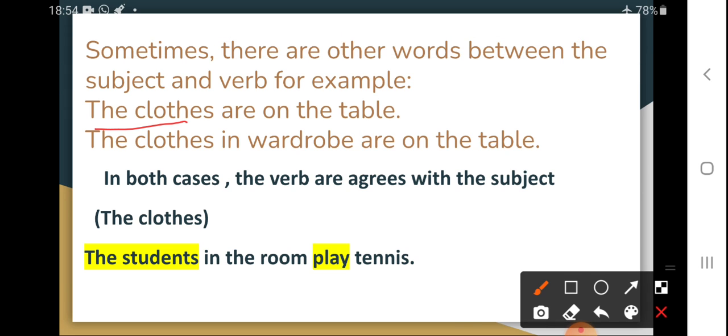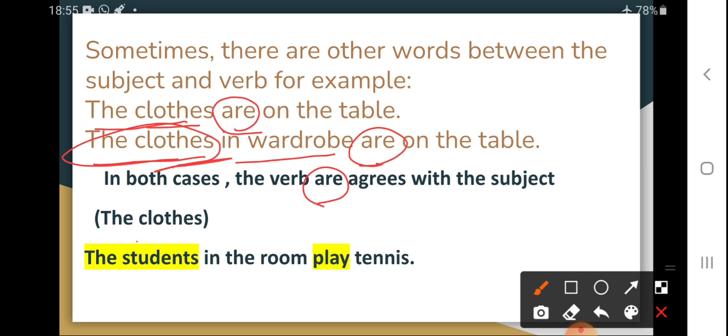The clothes are on the table. Clothes is the subject, it is plural. We gave are. The clothes in the wardrobe. Clothes is the main subject. So, the verb will always agree with the main subject, right? In both cases, the verb are agrees with the subject, the clothes.